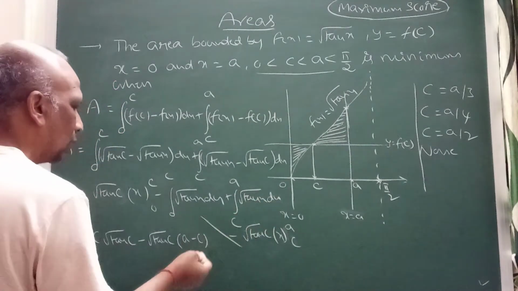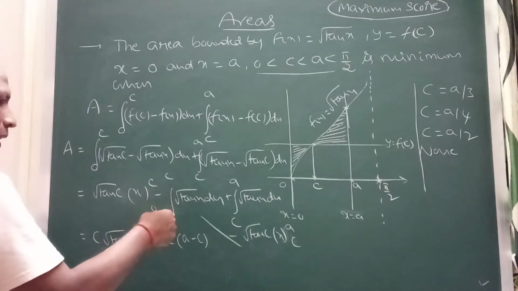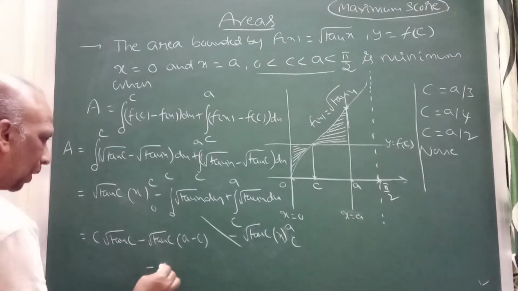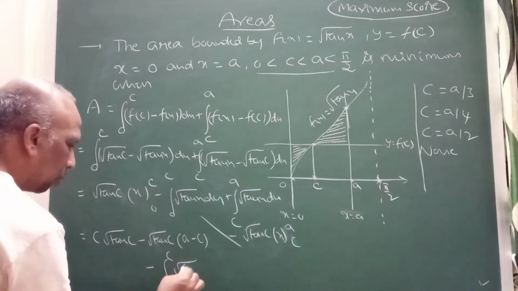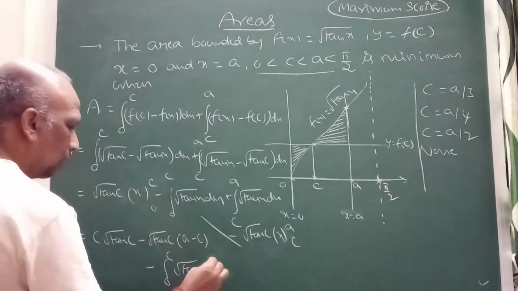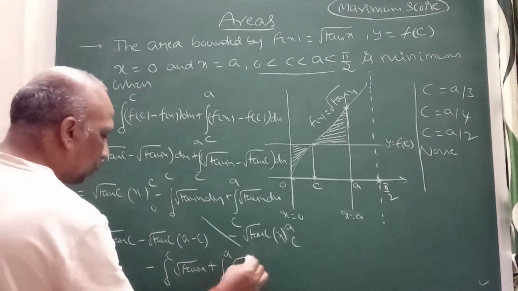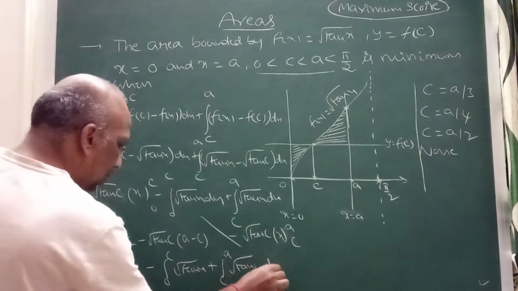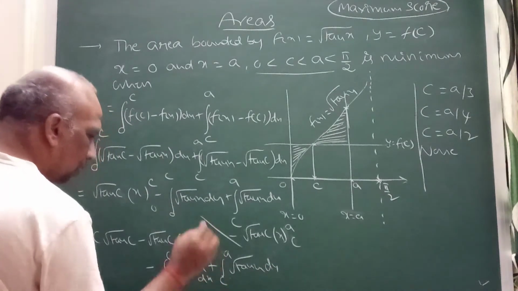So this part is understood. Now this one minus the integral from 0 to c of root tan x dx, again plus the integral from c to a of root tan x dx. Here also dx will be there.